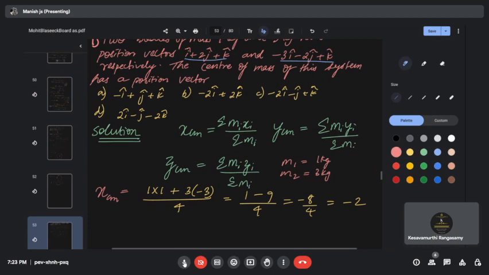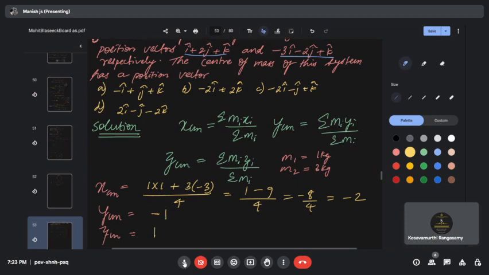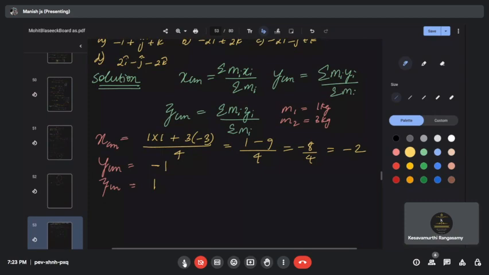The same way you find out y center of mass and z center of mass. For y center of mass, you go for a substitution and then simplify. You get the answer as negative 1. You can check the answers. And the same way for z center of mass, you get positive 1. Once you have found the individual center of mass coordinates x, y, and z, you write down the position vector.